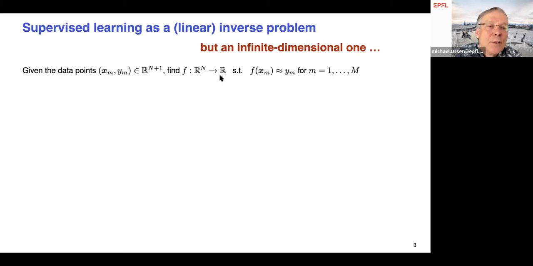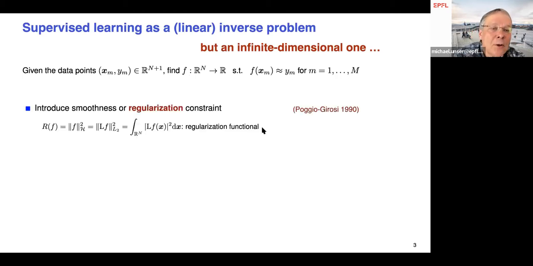The goal is to find a function f that maps R^n into R. In training, you would like to do it such that if you put a certain pattern vector x into f, it will provide you with the output. This is a classical regression problem. And of course, it's completely ill-posed because you have finite data and you're looking for a function that lives in a continuum.